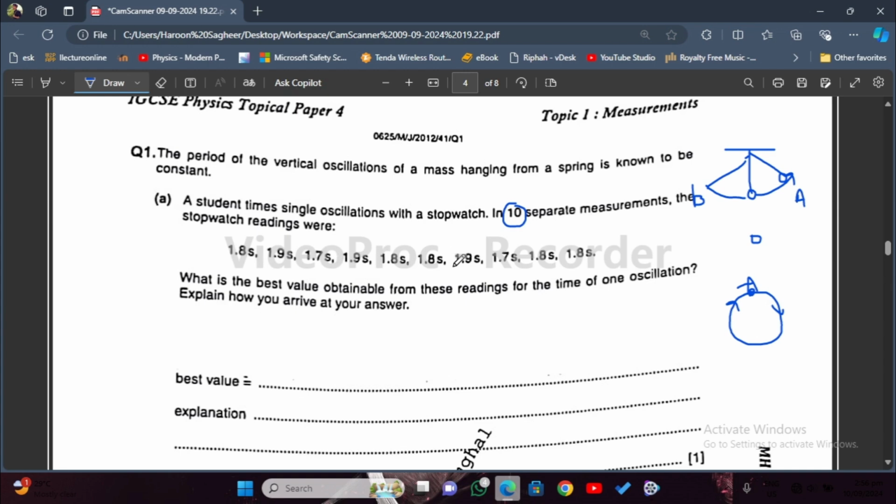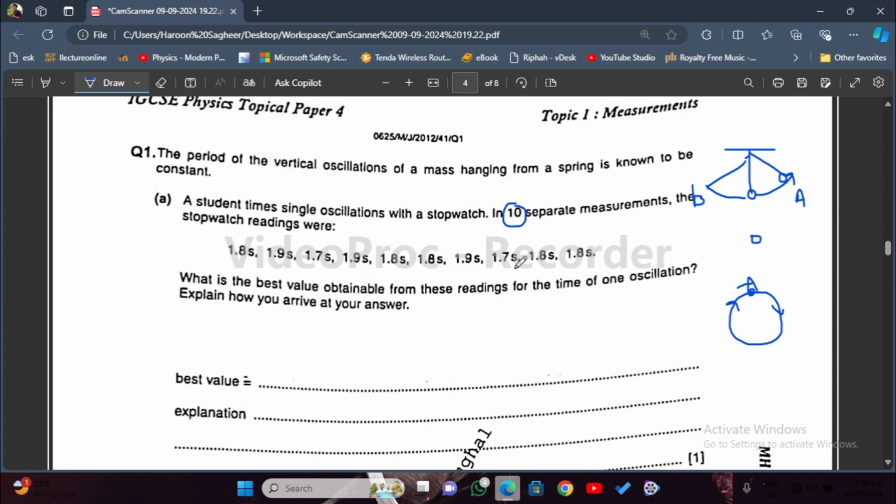So 9 plus 5.7, which is 14.7. Now what about 1.7? It is repeated twice. 1.7 multiplied by 2 is 3.4. So 15.7 plus 3.4, it is giving me 19.1.